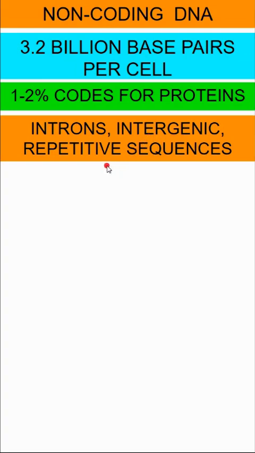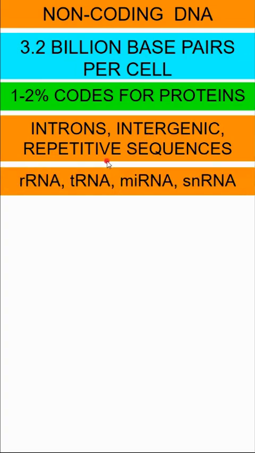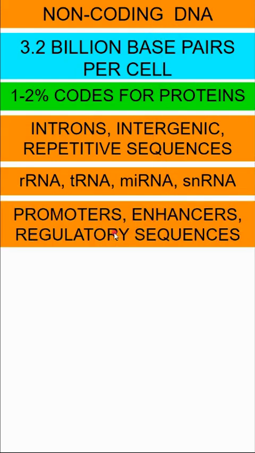There's transposons, which are repetitive sequences. But we also consider all of the DNA that codes for the ribosomes, the transfer RNA, the microRNA, and even the small nuclear RNA that involves splicing. All of that would be considered part of this non-coding DNA. The DNA also has promoters and enhancers and other regulatory sequences that are part of non-coding DNA.